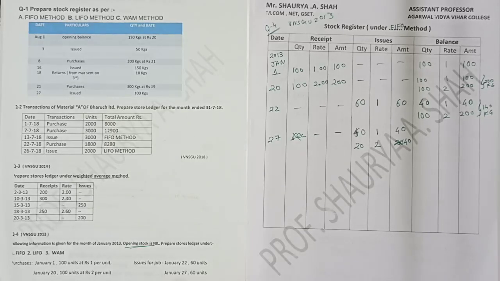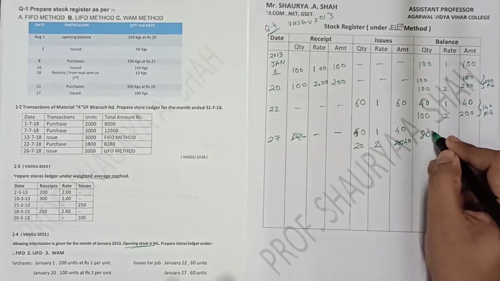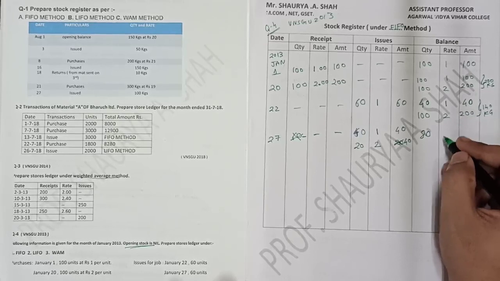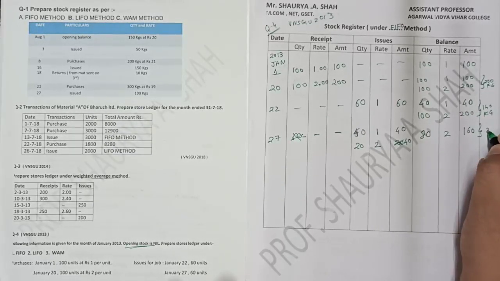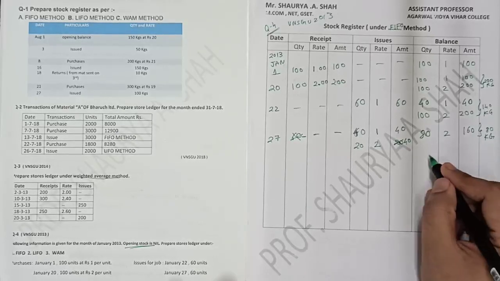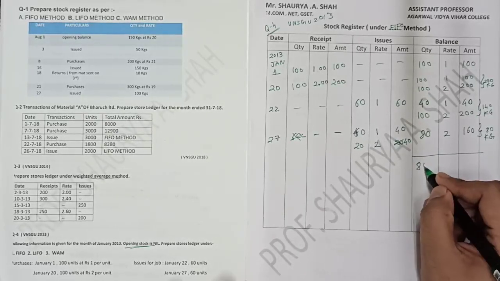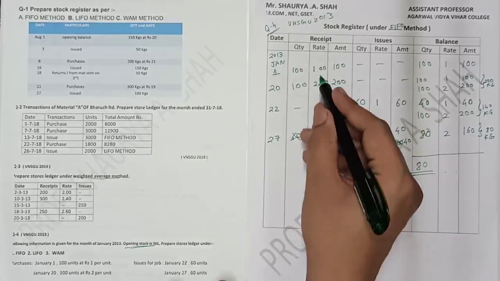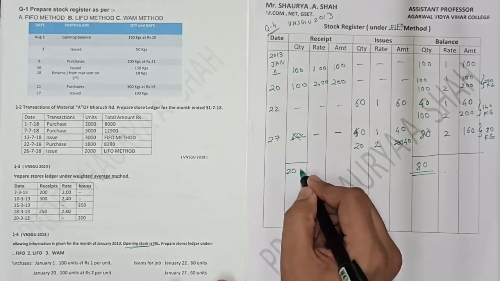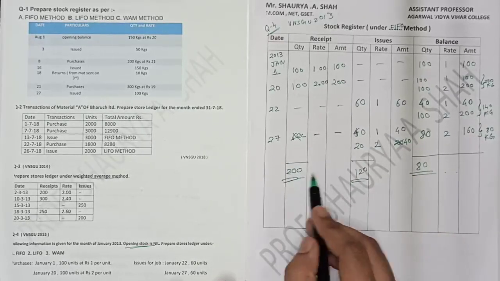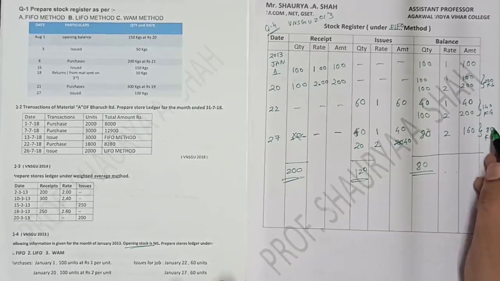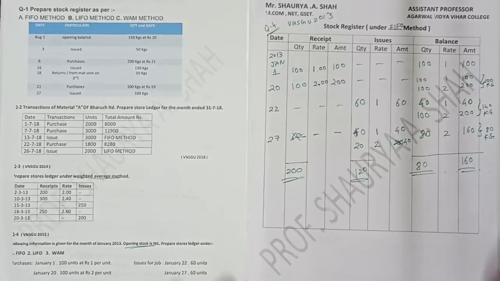So this is my total. At last, students, the closing balance will be 80 units at the rate of 2 rupees, so 160. The closing balance is 80 kg. If I total the quantity here, it is 200, and here the quantity total is 120, so it is tallied. 200 minus 120 gives me 80, and the amount is 160 rupees.